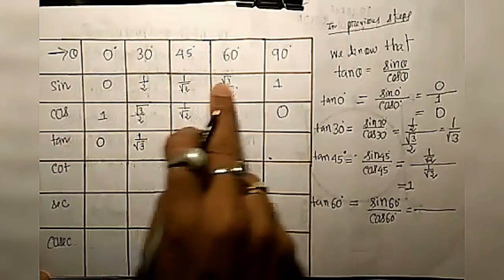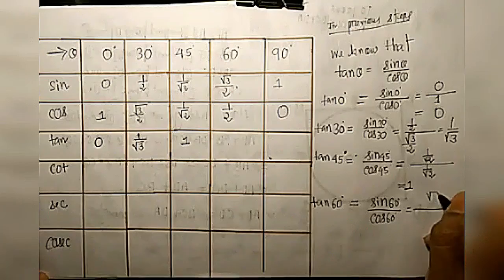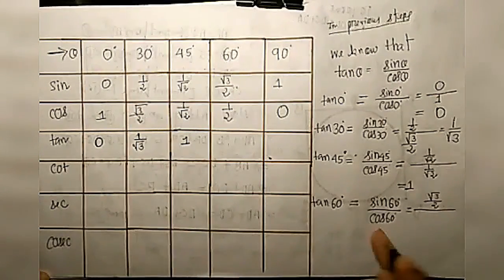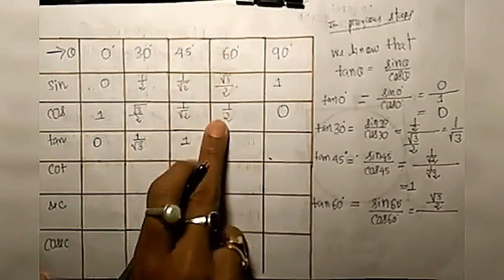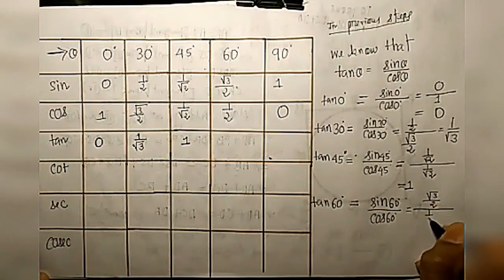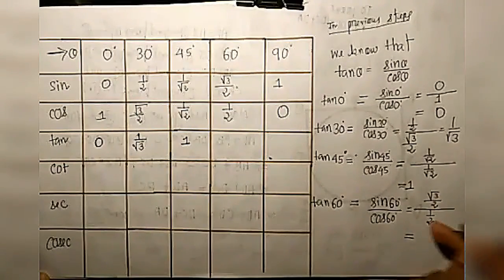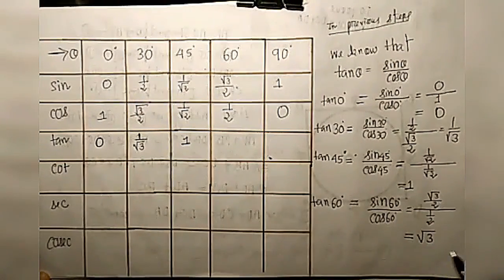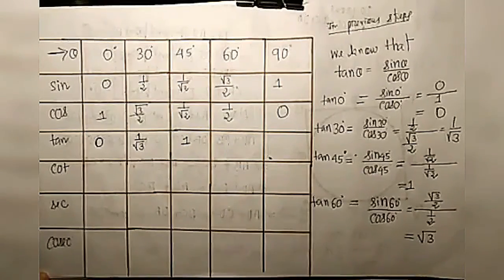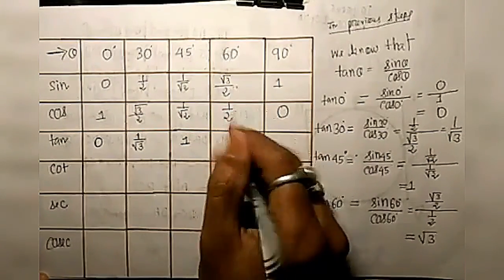Root 3 by 2. Sine 60 is root 3 by 2, and cos 60 is 1 by 2. So the 2 cancels, and root 3 is the answer. So tan 60 is equal to root 3.